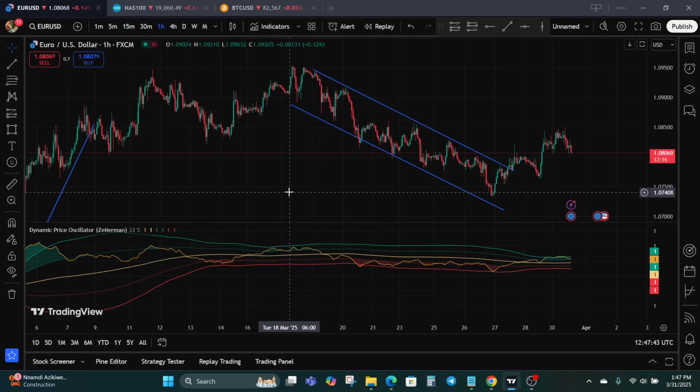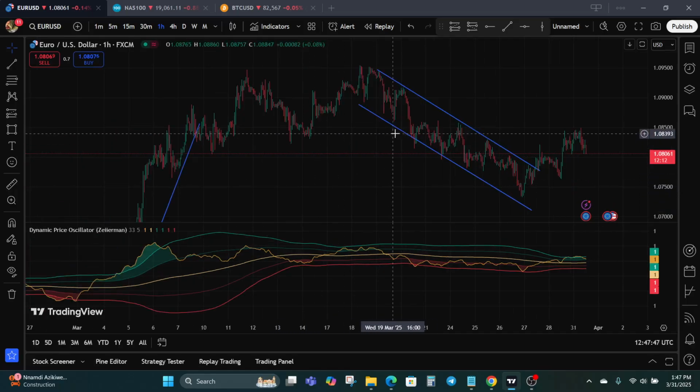So if you want to make use of the DPO in your trading strategy, just ensure that you always confirm your market trends before entering the trades. Also, use it with support and resistance for stronger trade setups.